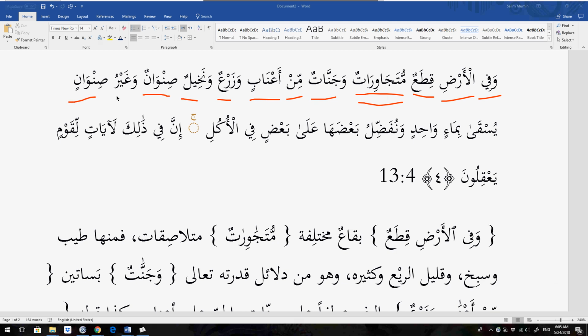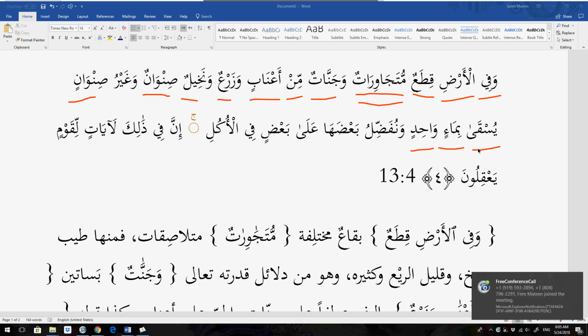وَغَيْرُ sinwanin, and those that are without the two trunks, just one main trunk. Tusqa bima'in wahidin. Tusqa means it is given water from one water.